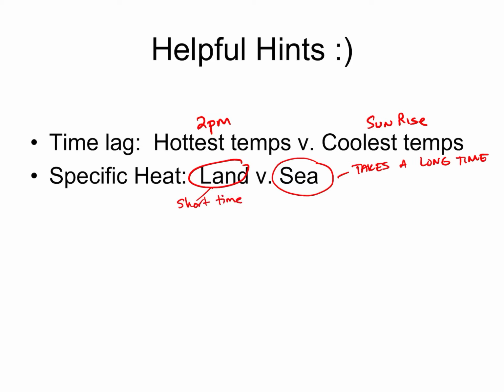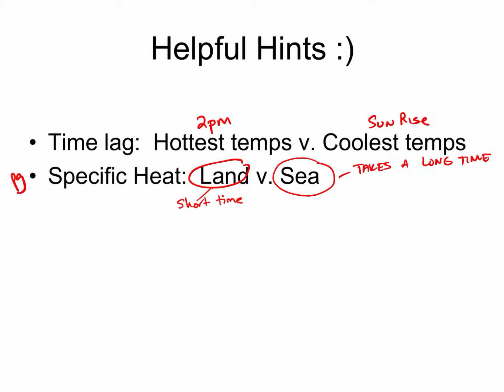They change their temperatures very fast, the land. Because on land, on the continental crust, it's going to be made of granite. We remember this from our dynamic Earth. And the ocean is going to be water. So you have your specific heat chart, which is page 1 in your reference table.